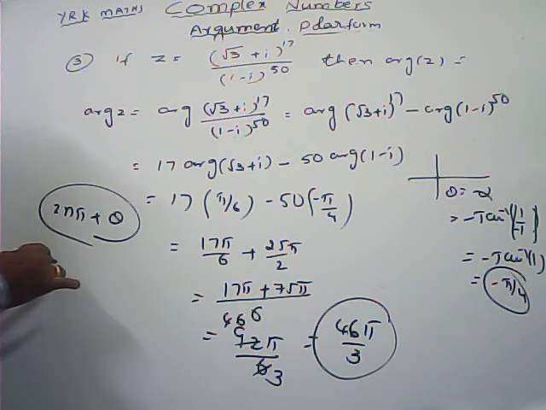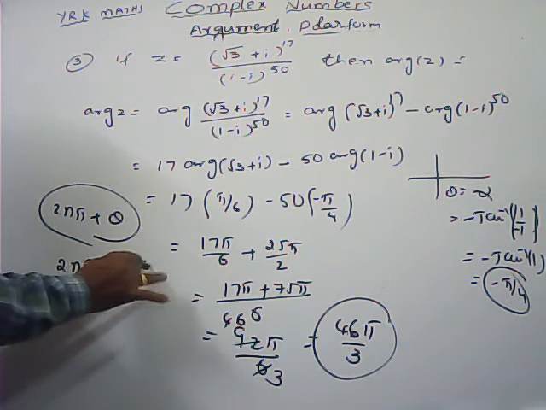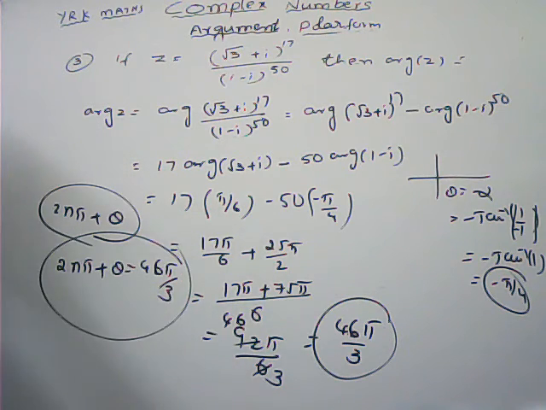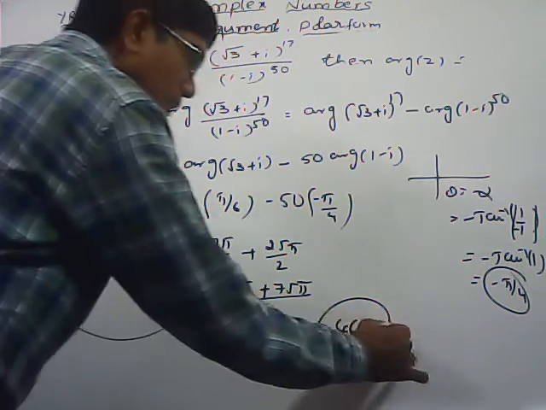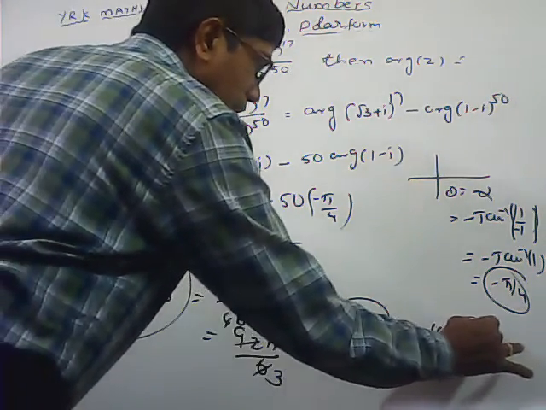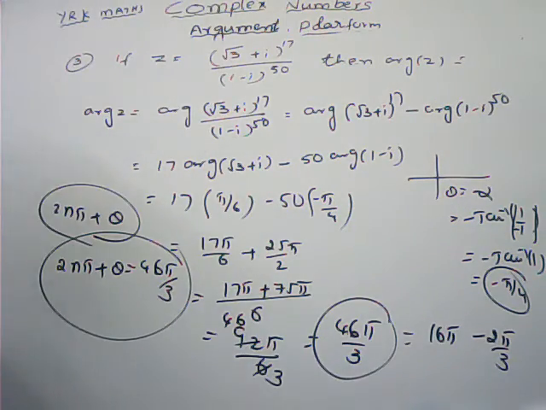Here 2n pi plus theta is equal to 46 pi by 3. So how to express 46 pi by 3 in the form 2n pi plus theta? That is equal to 16 pi minus 2 pi by 3, since 16 times 3 is 48, minus 2 is 46.